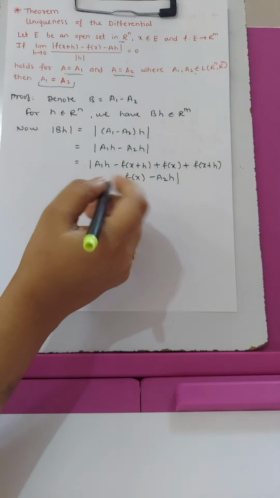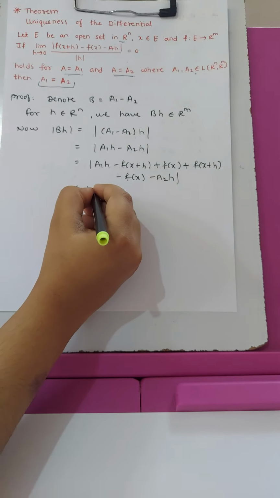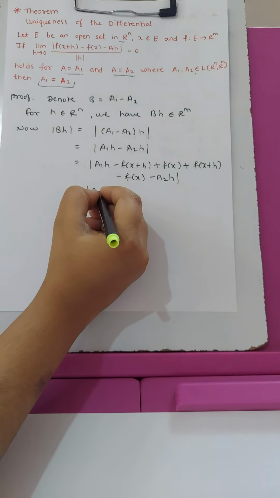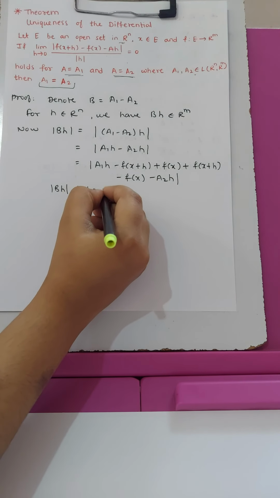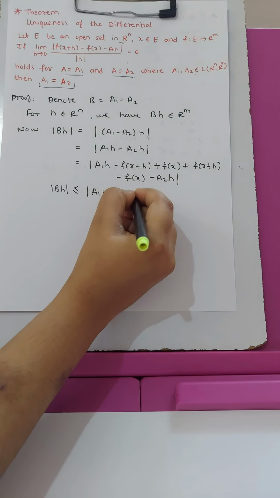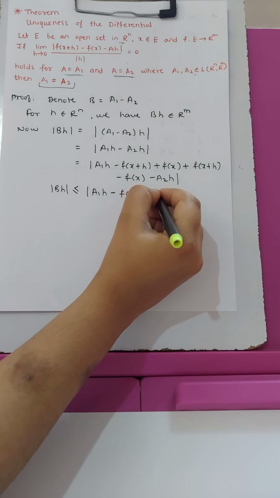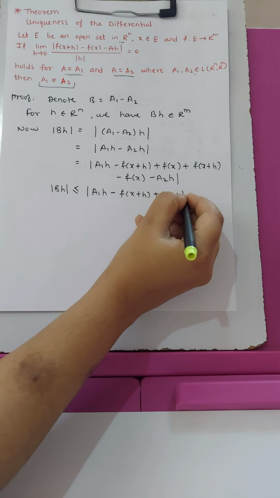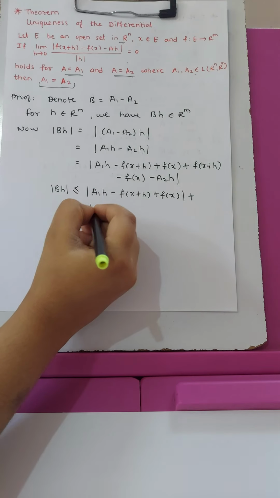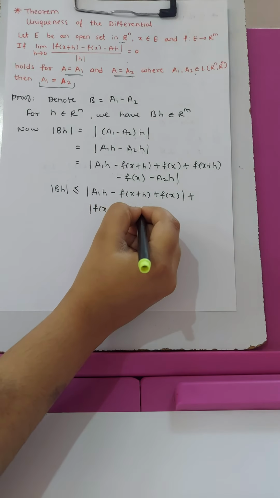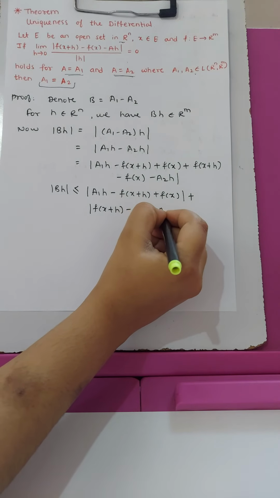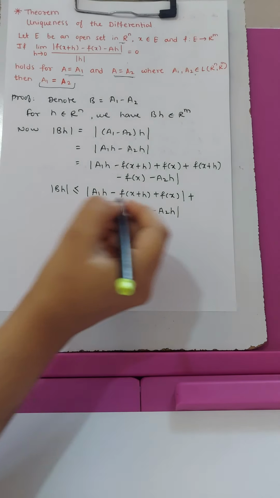Now separating the mods, we get mod of Bh less than or equal to mod of A1 h minus f of x plus h plus f of x, plus mod of f of x plus h minus f of x minus A2 of h.